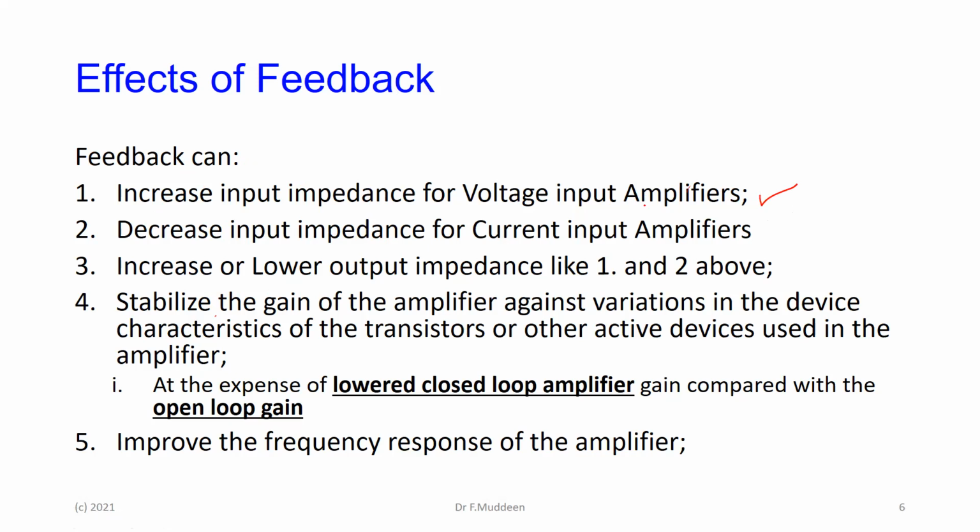For current input amplifiers, we wanted the input impedance to be low. And the other way around, for voltage amplifiers, we wanted the output impedance to be low, and for current amplifiers, the output impedance to be high. All right, it depends on where you want to drop the signal. And then we want to stabilize again, and then we want to improve the frequency response.